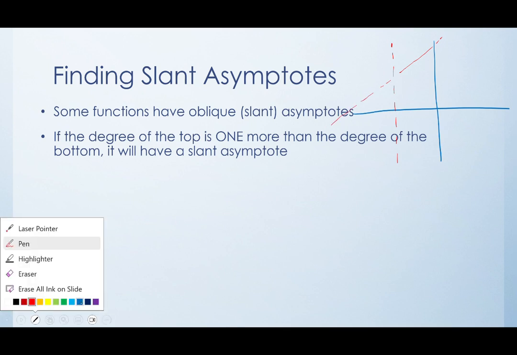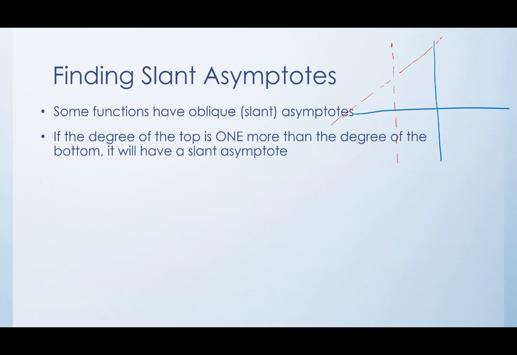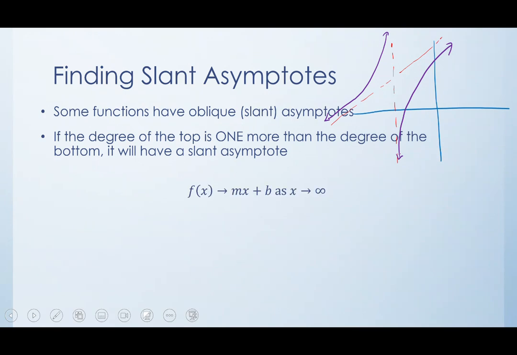And then our function might look something like this, basically constrained by those two asymptotes. So when that happens, we would say that f of x is approaching some mx plus b as x goes to infinity and/or as x goes to negative infinity.